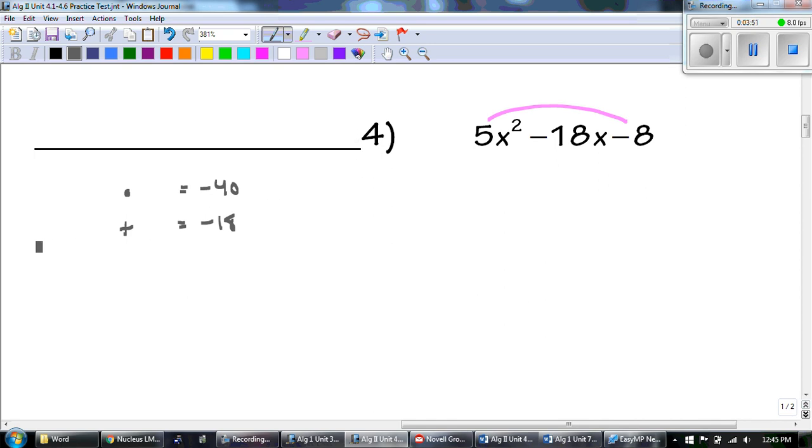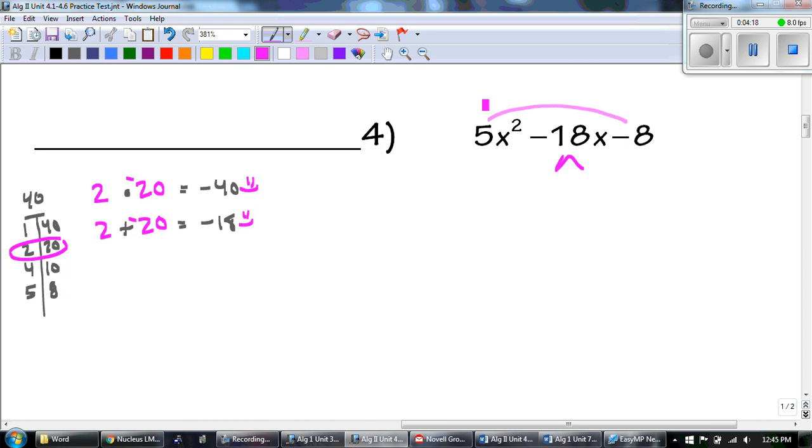So the factors of 40: 1 and 40, 2 and 20, 4 and 10, 5 and 8. The only way to get to 18 is 2 and 20. And the 20 is negative. And good, that works for both.